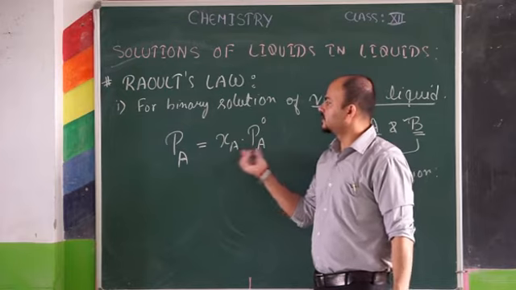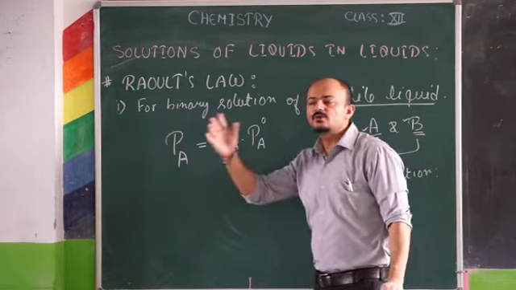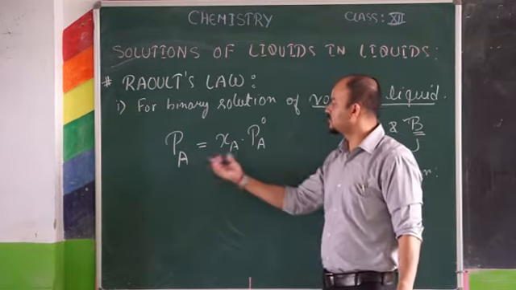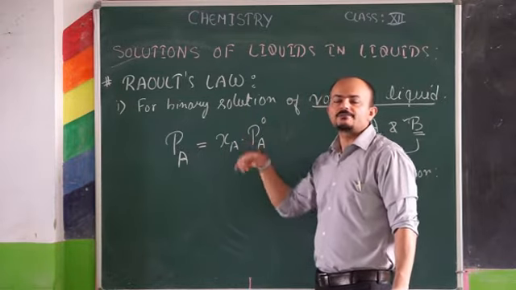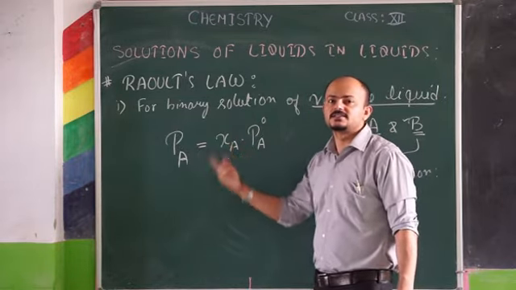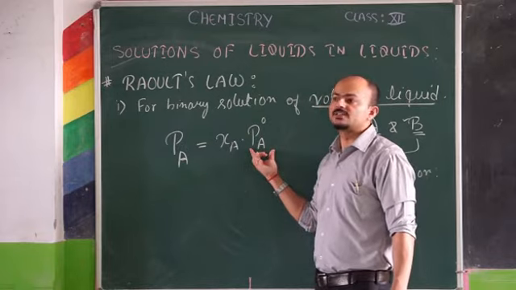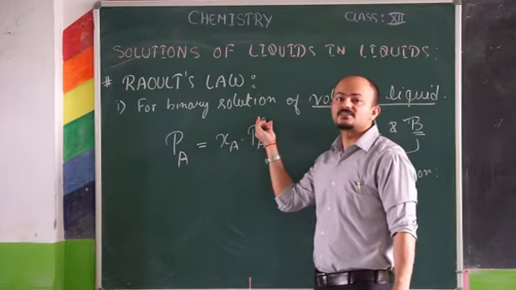So it has to be multiplied. So the partial pressure of any one particular component will be equal to the mole fraction of this component into the pressure it would have exerted in the pure state. This P naught means pure state.